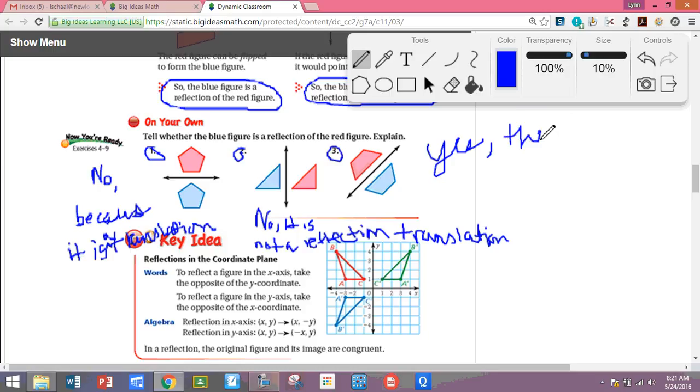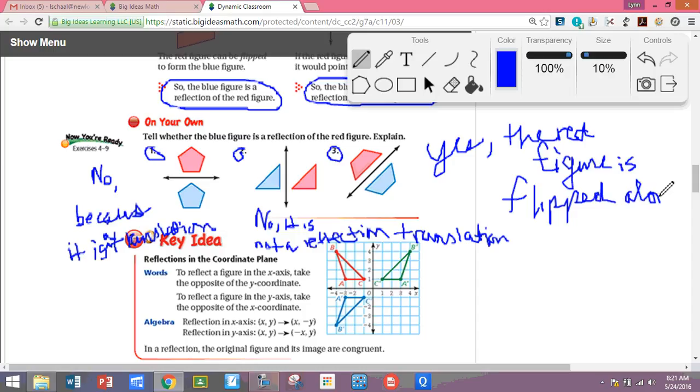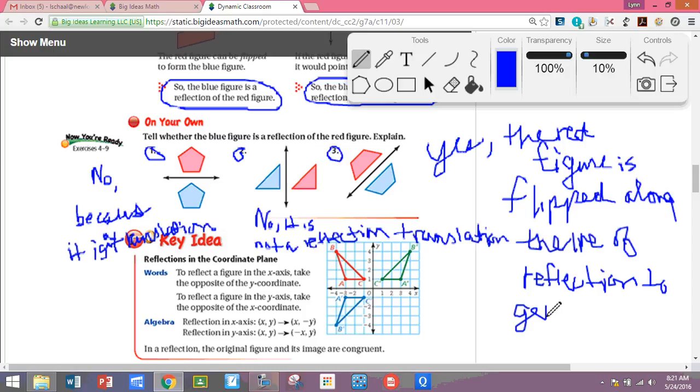Because the red figure is flipped along the line of reflection to get the blue figure. That's what I would expect for a reason.